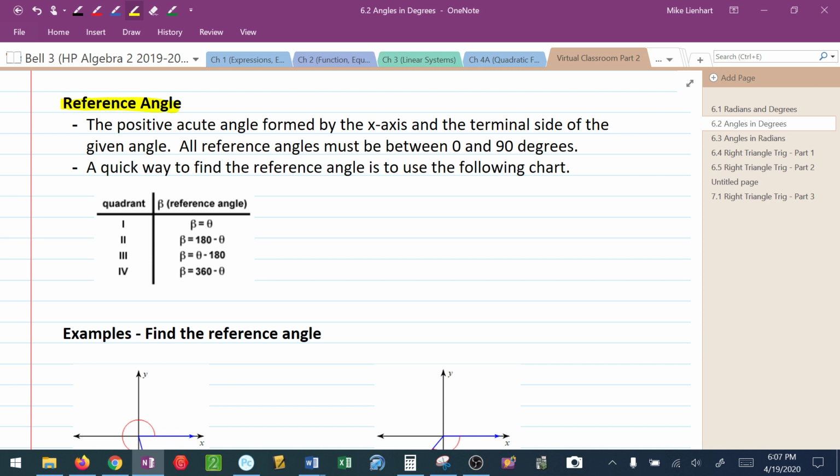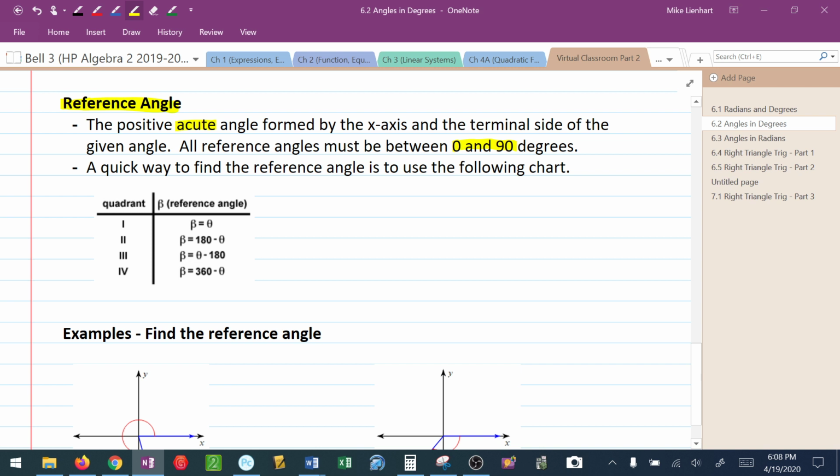Notice I have to use the x-axis. It can be the positive x-axis or it can be the negative x-axis. Doesn't matter. It's the positive acute angle that has to be formed by the x-axis and the terminal side. All reference angles, therefore, must be between 0 and 90 degrees. I know that because it says they have to be acute.